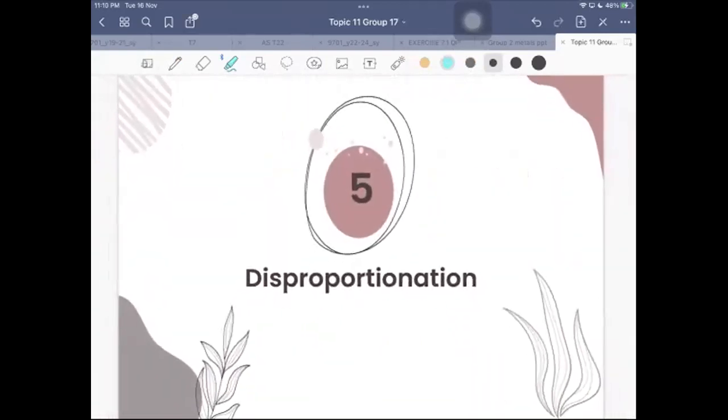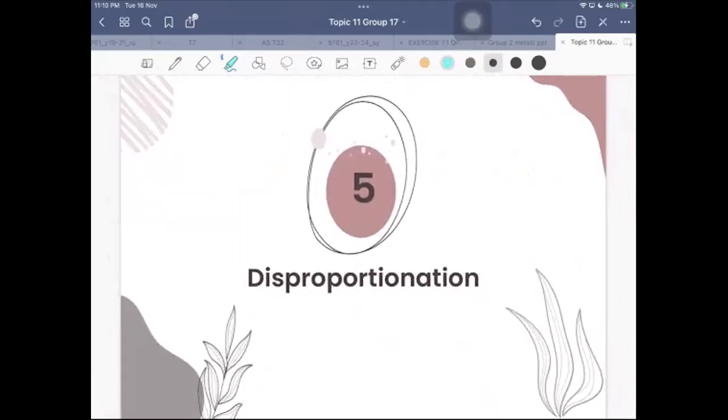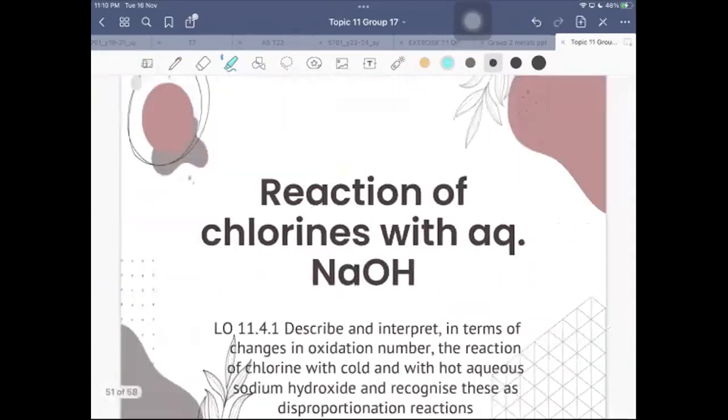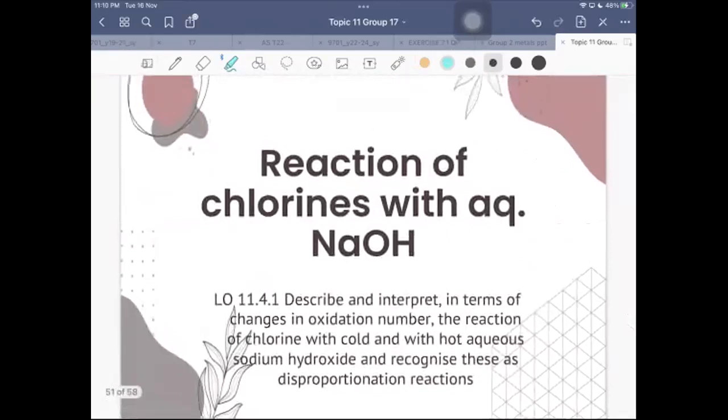The last part of this section is disproportionation, a type of reaction that oxidizes and reduces the same molecule but different atoms. We're going to look at the reaction of chlorine with aqueous sodium hydroxide. I need to check my notes for this. I don't want to get my equation wrong.